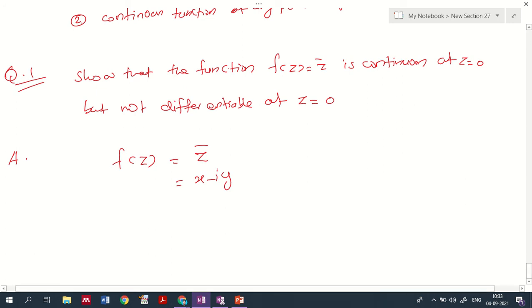Instead, I will directly say that this is continuous because this is a polynomial function with powers of x and y, so it will always be continuous. In order to save time I am moving directly to that conclusion, or you can do it like the earlier exercises we have done to verify whether a function is continuous or not.